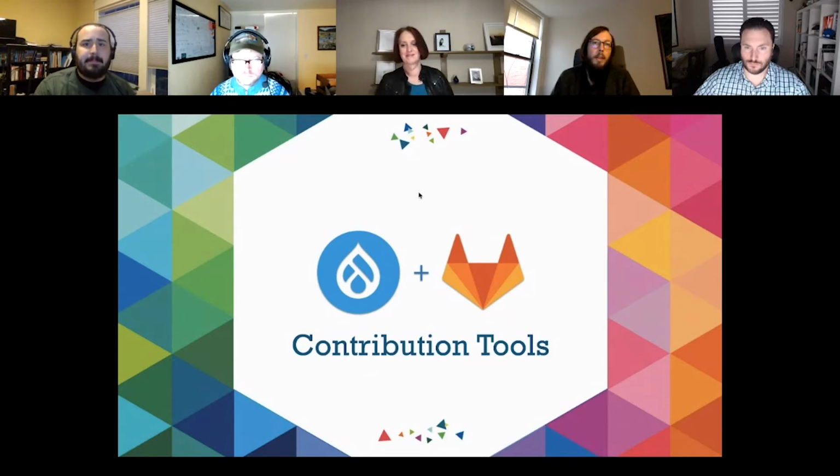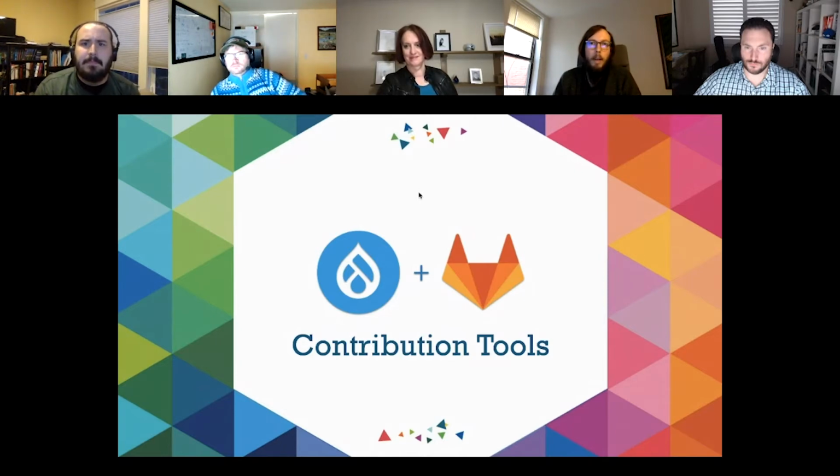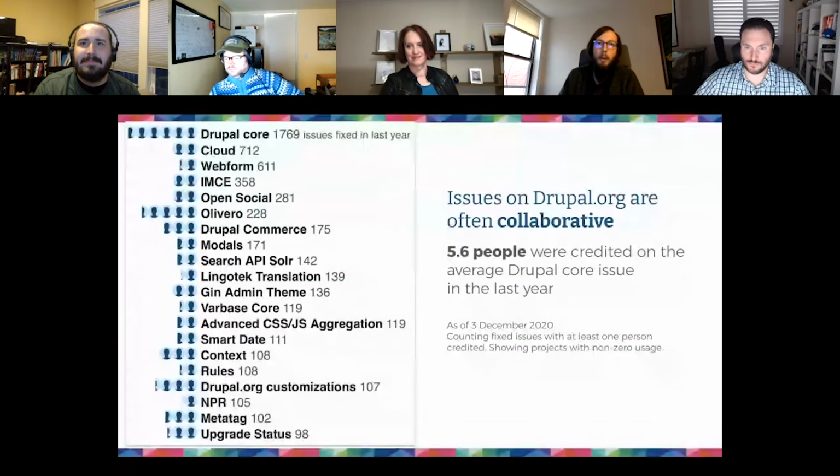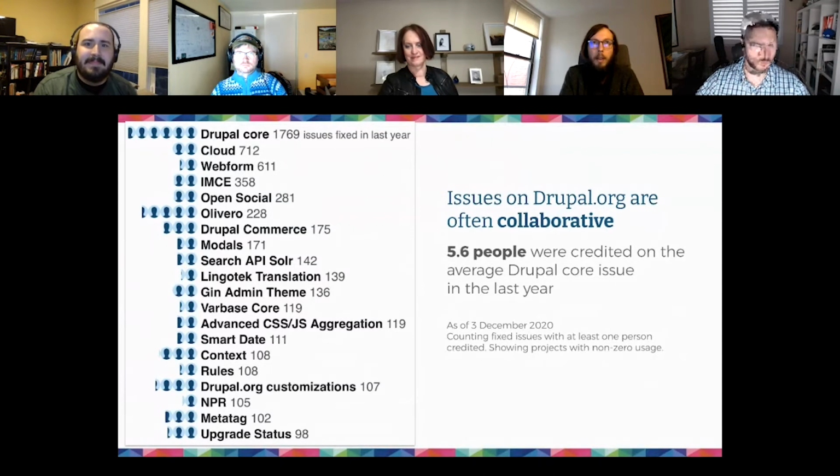Yeah, so the reason we did something a little different with merge requests than you see on GitHub or GitLab.com is that issues on Drupal.org are collaborative. It's pretty normal for a Drupal issue to be resolved by multiple people contributing to the code change and contributing other stuff surrounding the code.